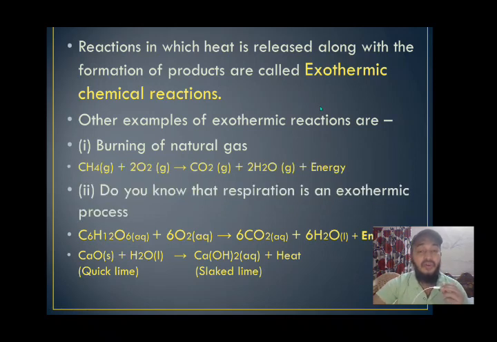Okay, now do you know that respiration is also an exothermic reaction? In respiration, you know, the glucose molecule C6H12O6 is formed as a final product of our food inside our body. So whatever we eat gets converted into glucose, and this glucose through our blood reaches our cells, and in cells there is oxygen.